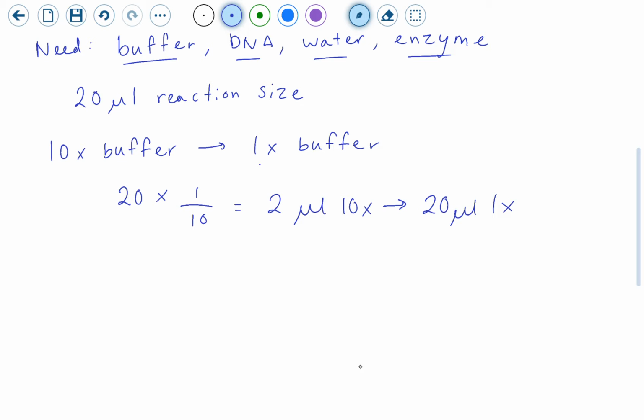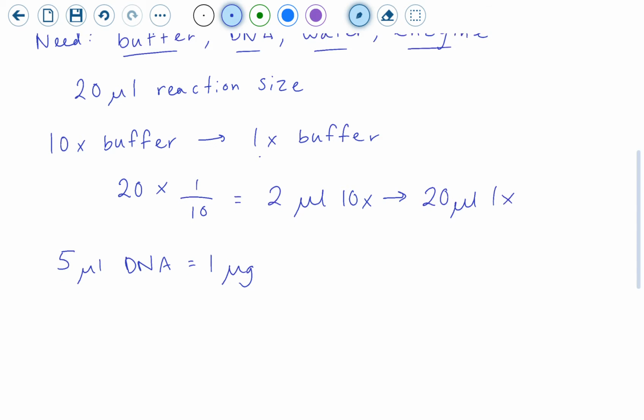So 5 microliters of DNA is equal to 1 microgram of DNA. Okay, so that whole thing is going into our reaction mixture because the reaction needs 1 microgram of DNA.